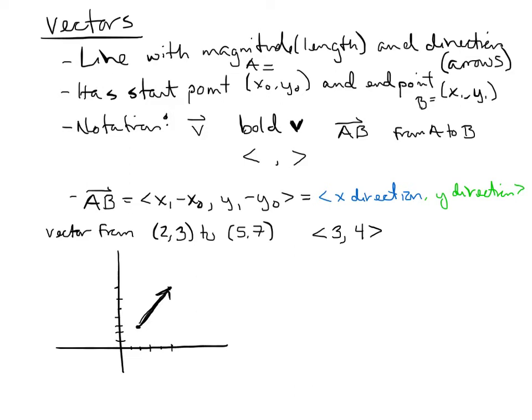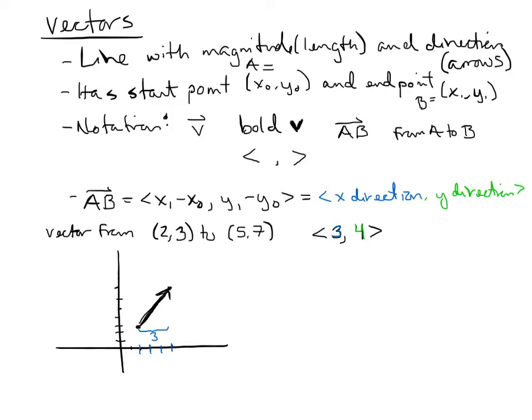Now the x direction, we found that the x direction was 3. And notice here that this moves over 1, 2, 3 spaces in the x direction. And for the y direction, we found that it moves 4 spaces.